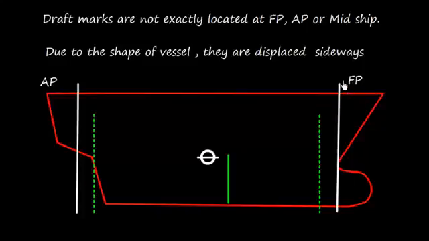The forward perpendicular is a reference line, and the draft marks here are sideways displaced. Similarly, the aft perpendicular is also a reference line. The draft marks may not be located at the aft perpendicular but slightly displaced laterally, and the midship marks are also not exactly at midship. So we need to apply corrections accordingly.